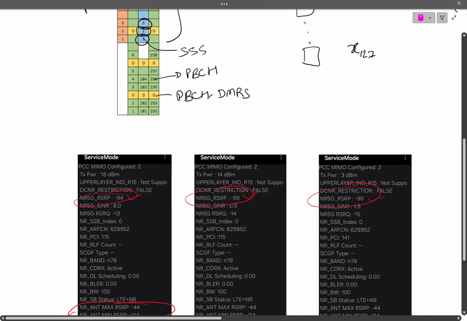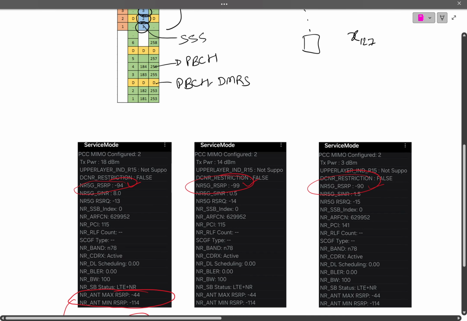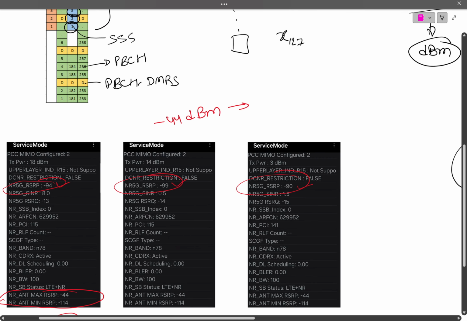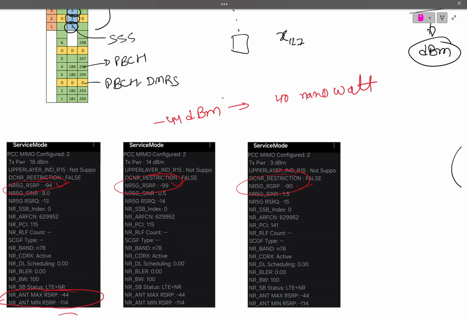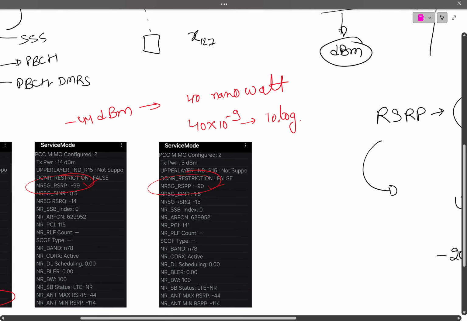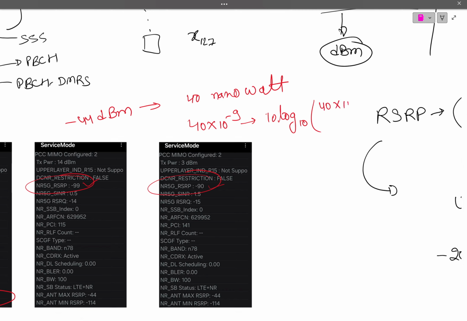Just to give a reference of what minus 44 dBm looks like in watts: minus 44 dBm is around 40 nanowatts. That is 40 times 10 to the power minus 9 watts, and 10 log 10 of 40 times 10 to the power minus 9 divided by 10 to the power minus 3 is minus 44 dBm.